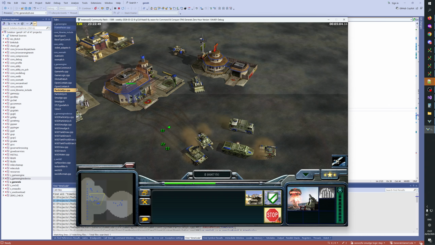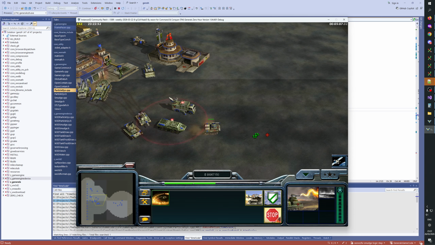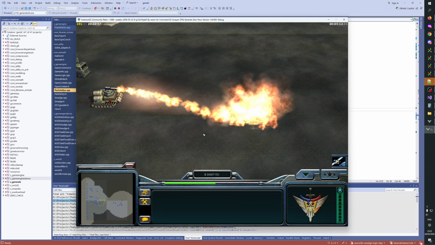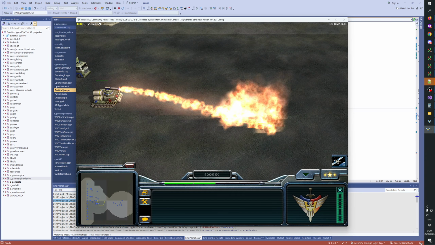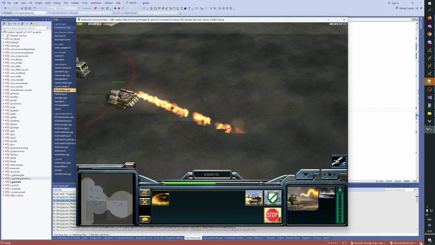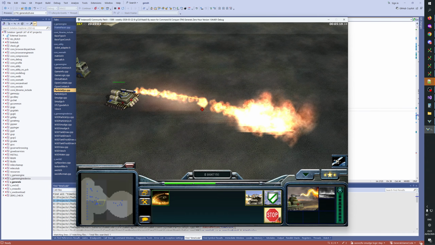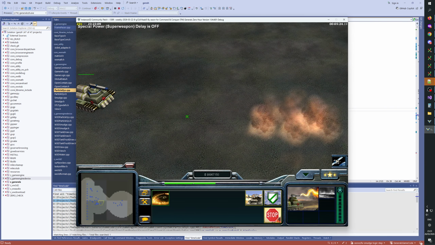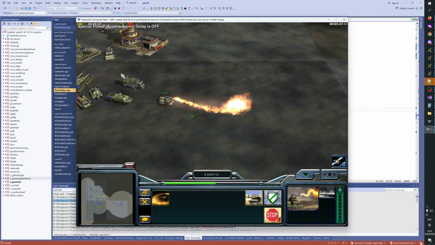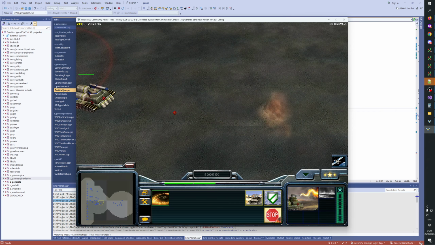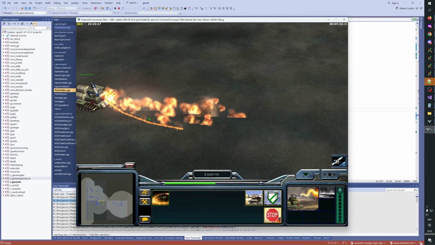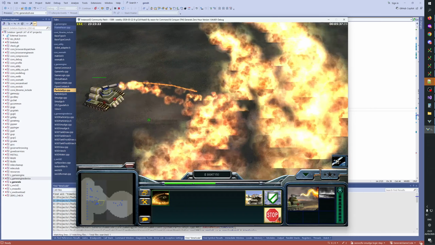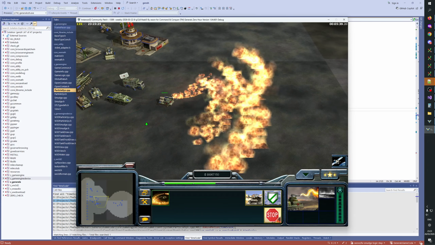Get a lot of units all stuck here. Okay, let's see the dragon tank. Okay, that looks very, very good. God damn, that looks good. Holy shit. Nice. Looks pretty solid.